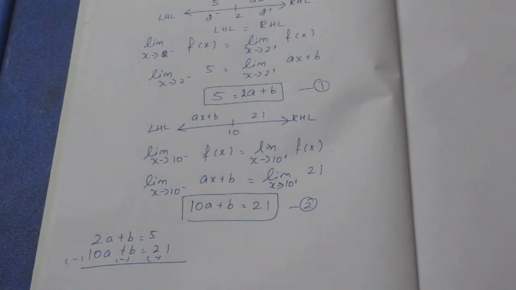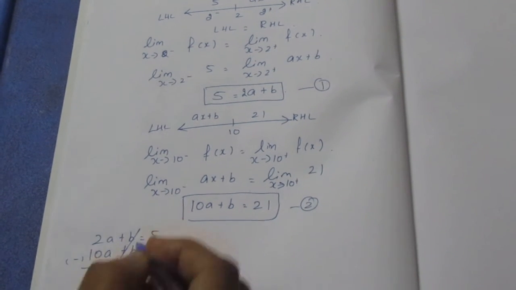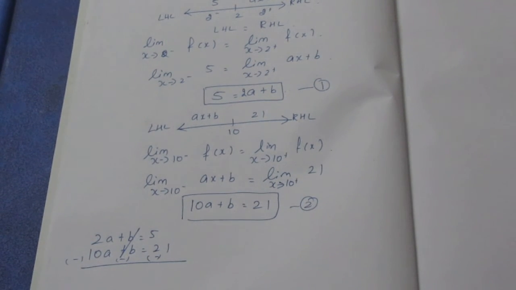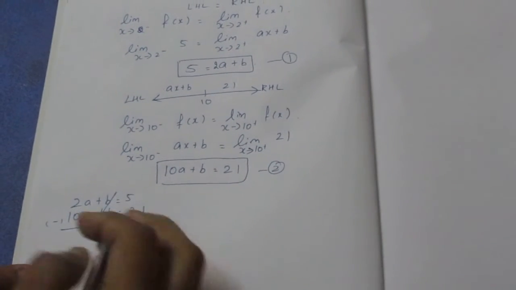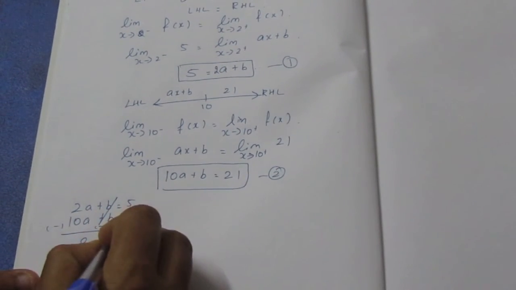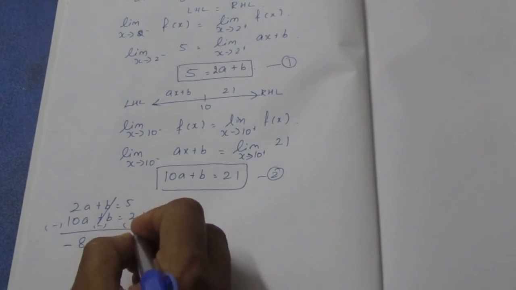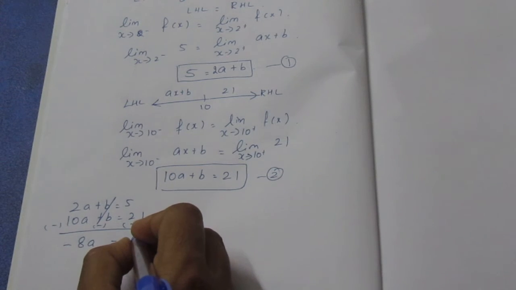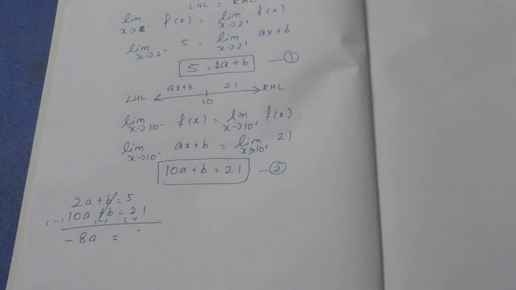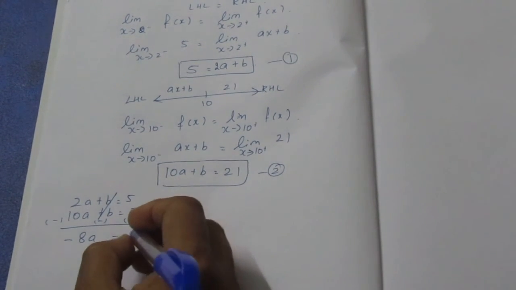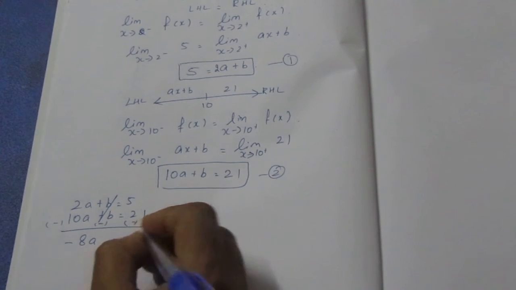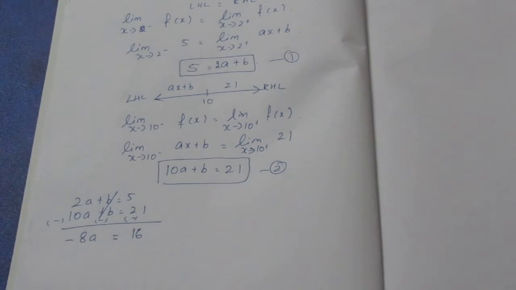If I change the sign, here b gets cancelled, it becomes minus 8a is equal to minus 16, with the greater number's sign of minus.